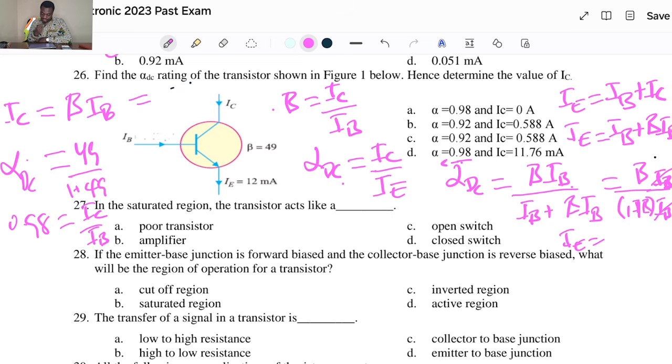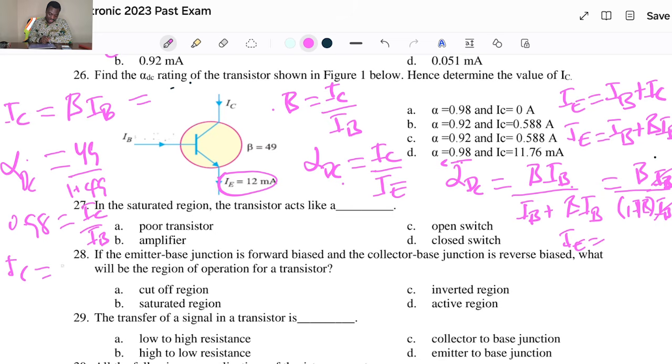Here, what we can do is use this idea. Even here we are given IE, so we just use this straightforward.